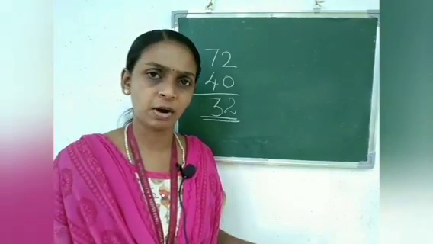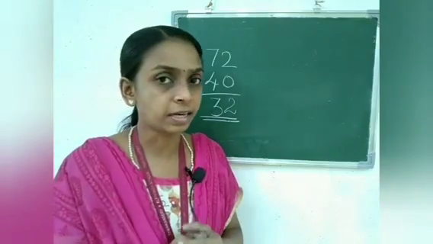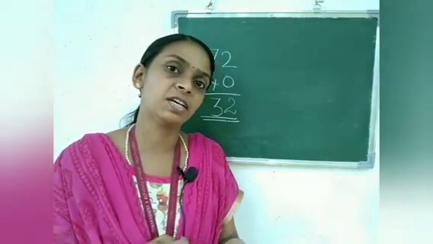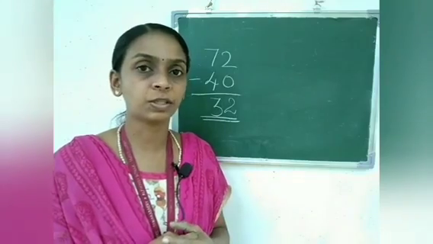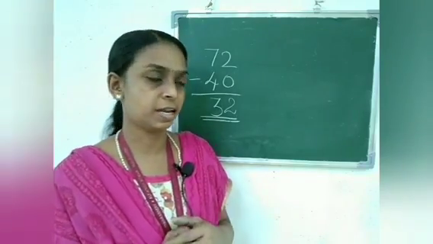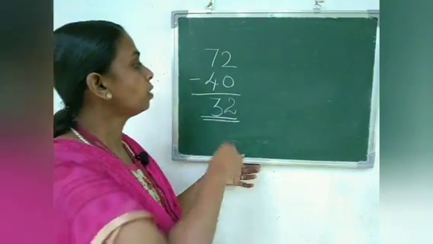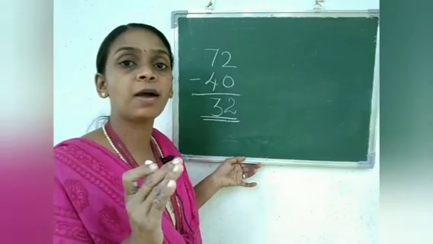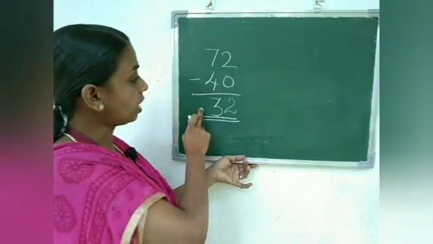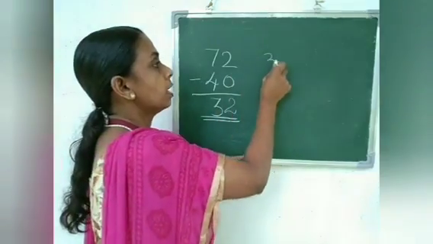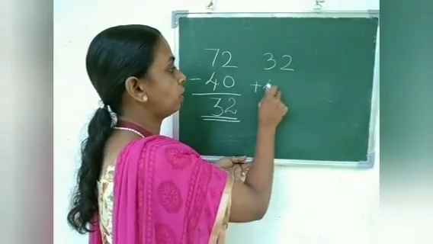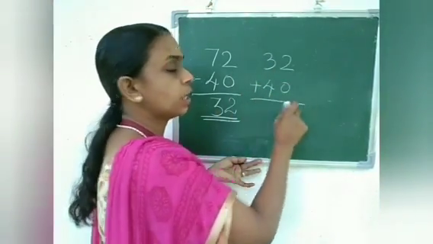If we have a doubt whether our answer is correct or not, then we can check the subtraction answer by the addition statement. So which numbers do we have to add? We have to add the answer and this number, that is, 32 plus 40.